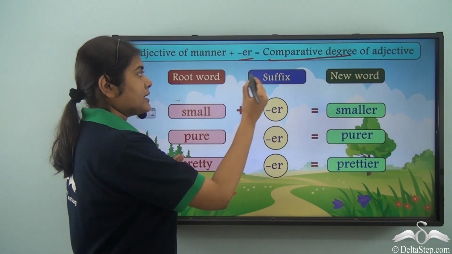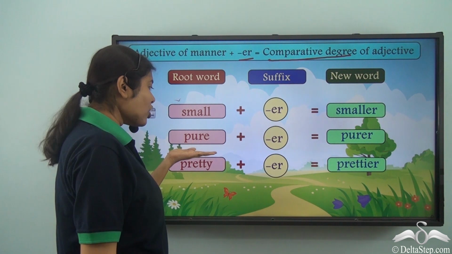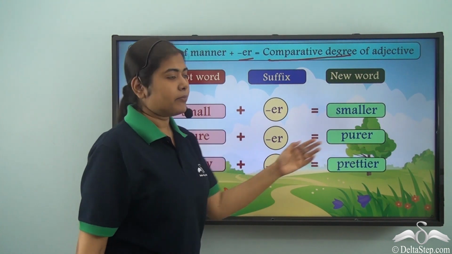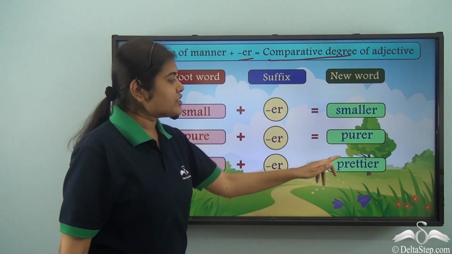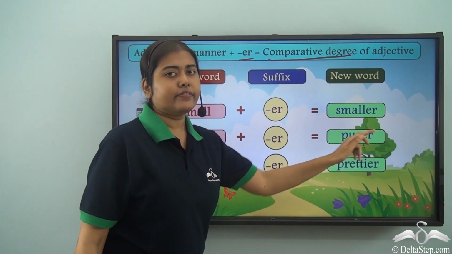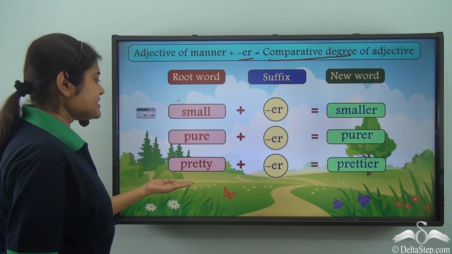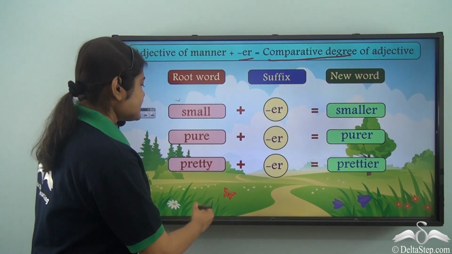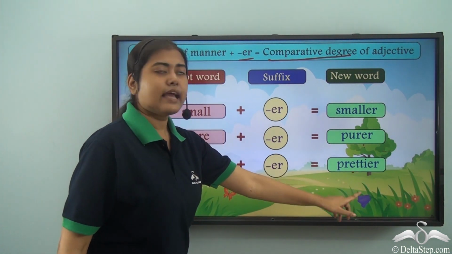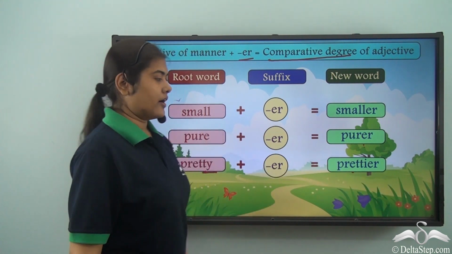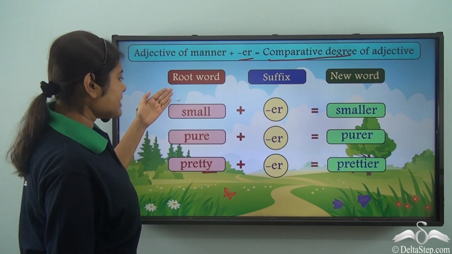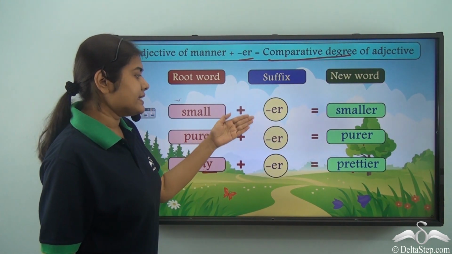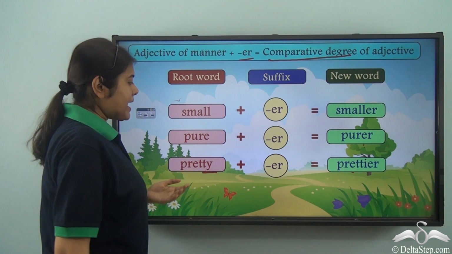Now when we form the comparative degree of pure by adding er, we have only one e. Remember, we don't have two e's. We just have one e and then r. Pretty plus er equals prettier. Now in this case the y changes to i and after that we have er. So in this way we can create the comparative degree of adjectives by adding er to the adjective of manner.